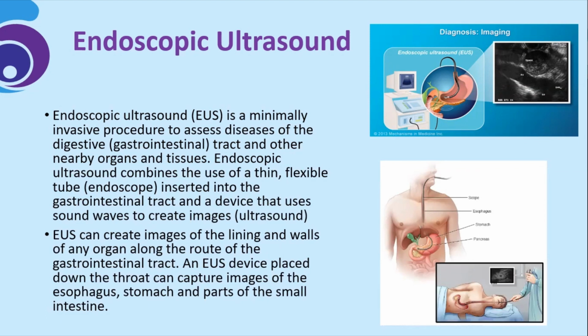But the endoscopic ultrasound is slightly different, because at the end of this probe it actually has an ultrasound probe that can send sound waves through the stomach into the surrounding tissues and organs as well. So it creates this image, and it can also show the endoscopist images of the lining and the walls of the organ.